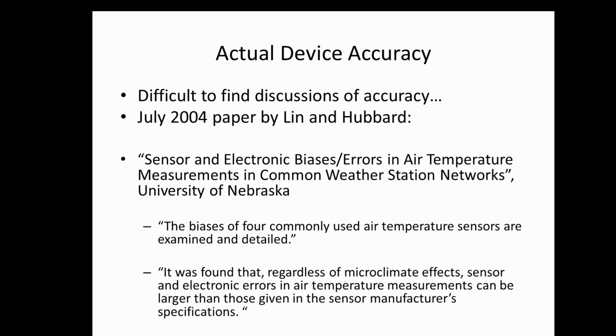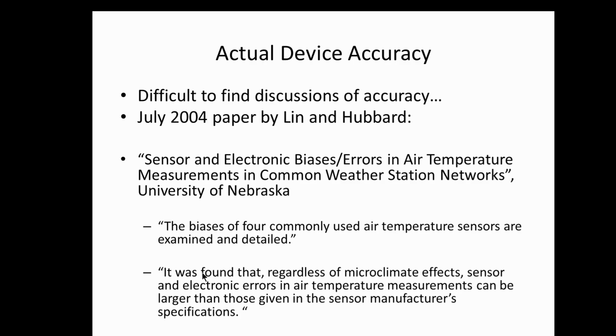Maybe I just didn't do it right, but I did find a paper from 2004 by Lynn and Hubbard, and I believe they're University of Nebraska, and it was called Sensor and Electronic Biases/Errors in Air Temperature Measurements in Common Weather Station Networks, which seems to be exactly what I was looking for. It says the biases of 4 commonly used air temperature sensors are examined and detailed.